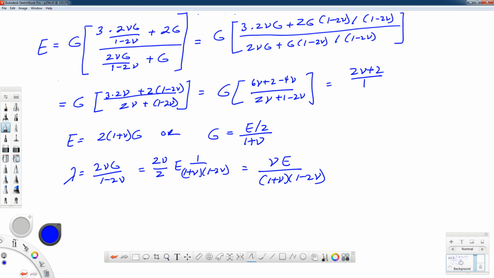So now we have G and lambda in terms of E and nu, and we saw previously that we can write E and nu in terms of G and lambda and invert these back and forth and all over.